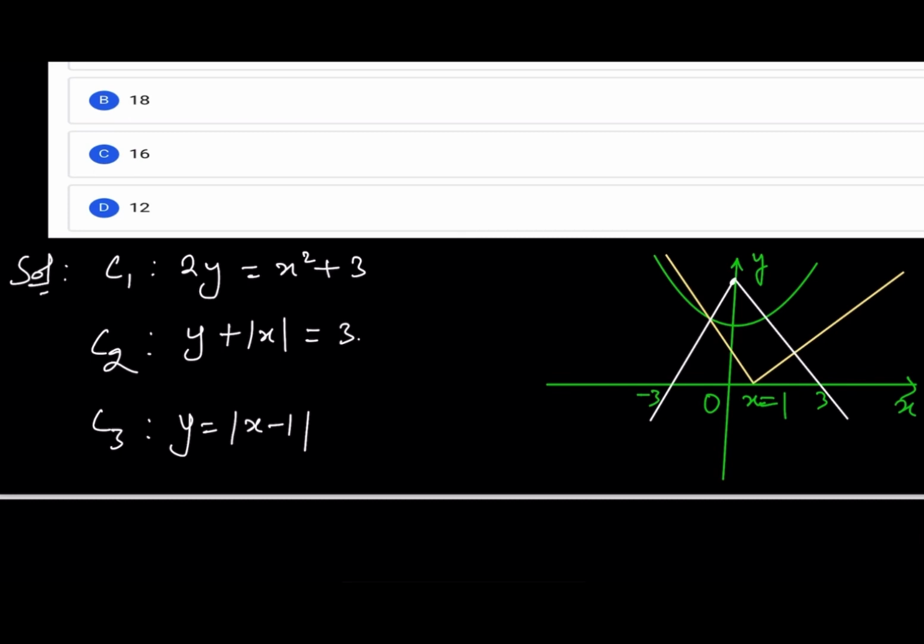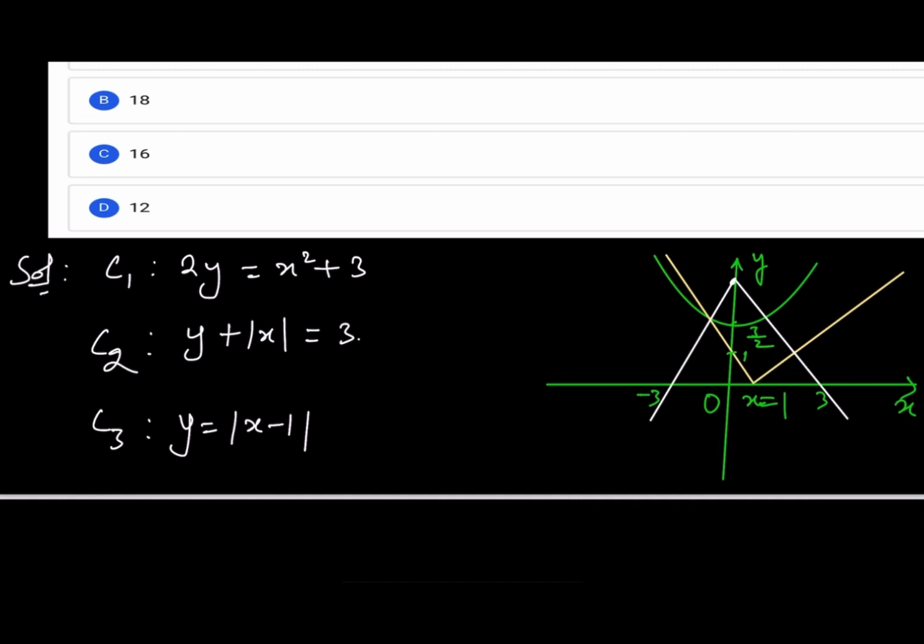And curve C1 is not meeting the x-axis. It is intersecting the y-axis at (0, 3 by 2). Also curve 3 is meeting the y-axis at 1, or (0, 1).